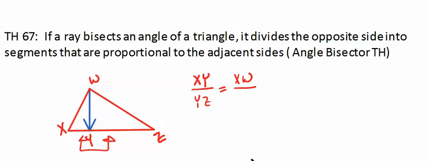So XW and ZW. Again, notice that XY being on the smaller side gets paired up with XW. So they're both in the numerators while the larger sides are in the denominators.